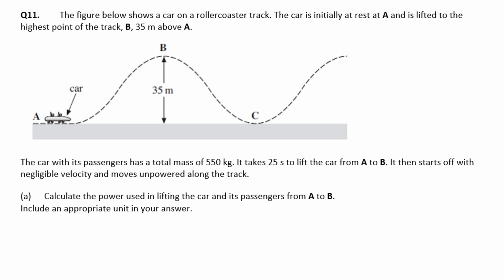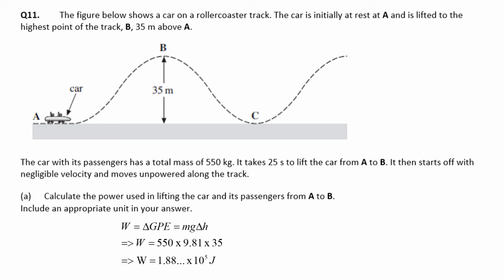Calculate the power used in lifting the car and its passengers from A to B, including an appropriate unit. First off, I'm going to work out how much work must have been done by the powering system. When it reaches the top at B, it's going to change the GP, so that's what we have to do work for.